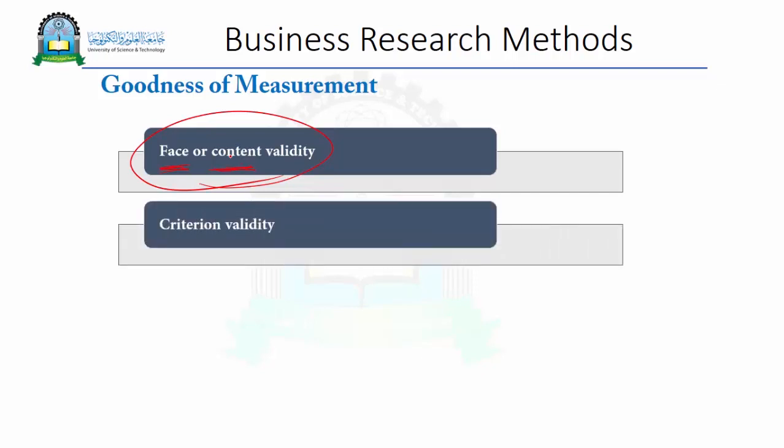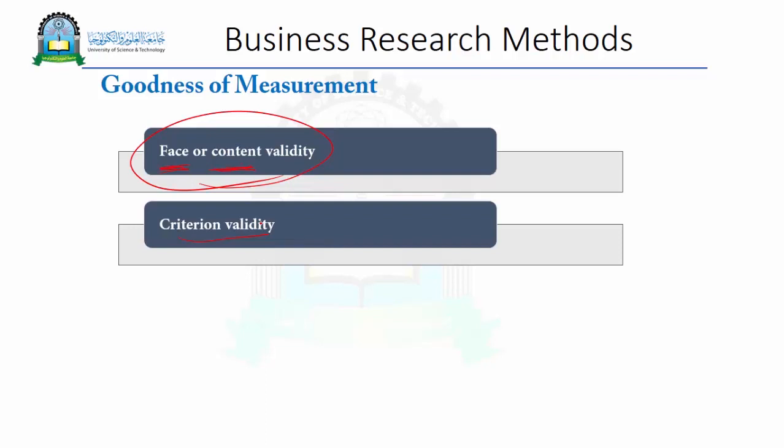The second type of validity is criterion validity. This is testing your questionnaire against a questionnaire that has been established or tested in research before, and then statistically finding out if there is a relationship between your measurement and the measurement done before. That means it is valid.